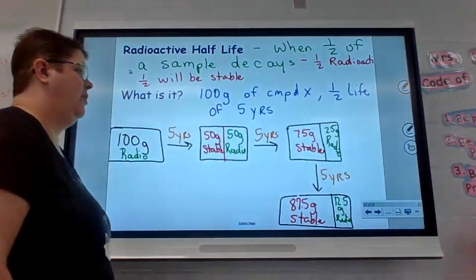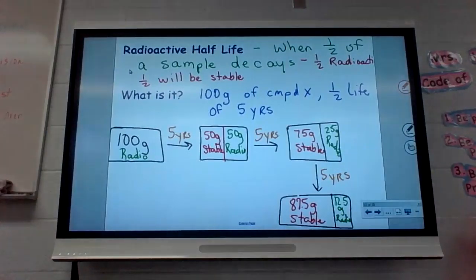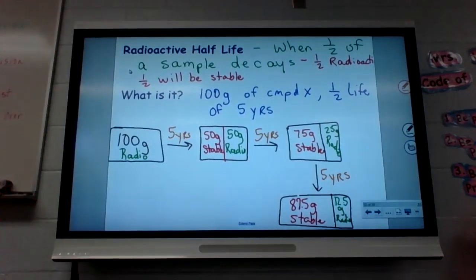All right. So if it divides again, you have 12.5 that's radioactive and 87.5. Now, if this keeps happening, will the radioactive stuff ever go away? There will always be a trace amount. It will get smaller and smaller over time. Now, think about it.